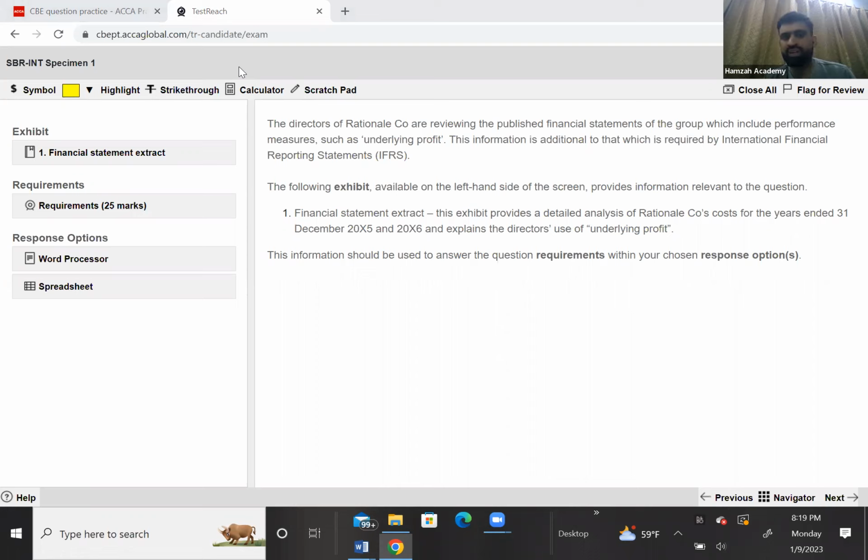Okay. Now, the final thing of the introduction, the study material which we are going to use. This time I'm using the Kaplan study text and Kaplan exam kit. Okay, they are very comprehensive, and very well written, and that would be very helpful for the student to pass their exam.